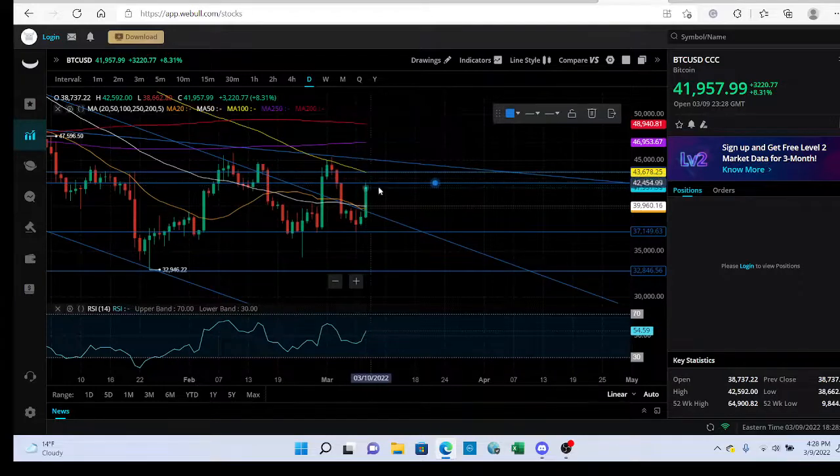I mean, is this just a fake out and we're just going to start tanking back down, or is this the start of a new rally, or is this just a rally that's going to hit resistance and we're going to go sideways for a while?